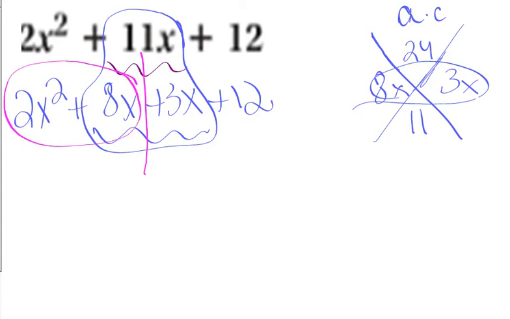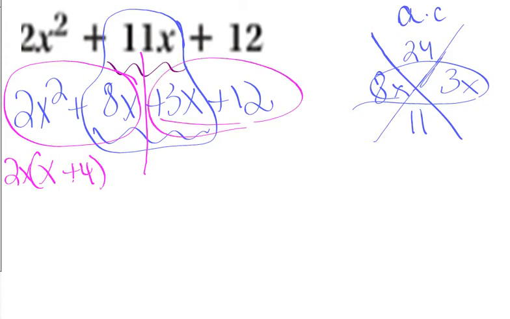On this side, can we factor anything out? Yes, we can factor out a 2x, and what's left over is x plus 4. Now let's look at the other side. What can we factor out of the right side? Well, we can factor out a 3, and what's left over is x plus 4.